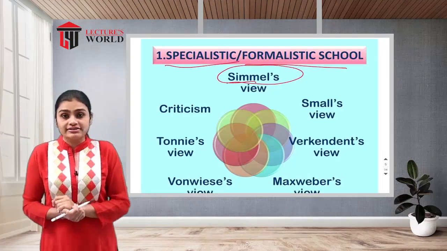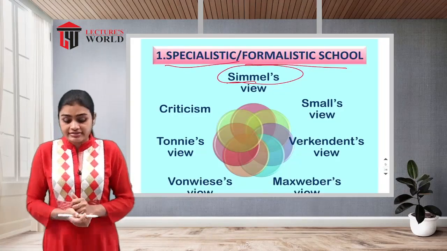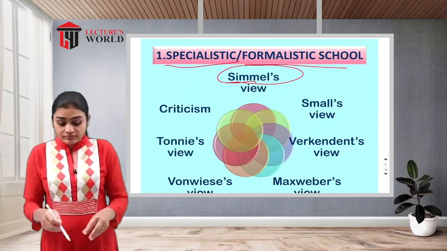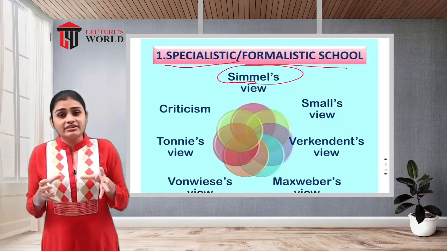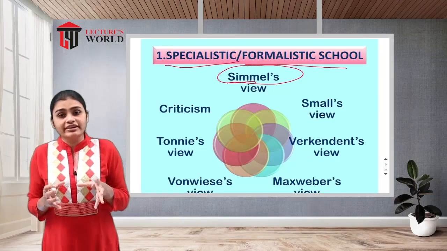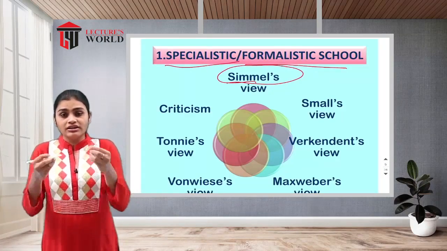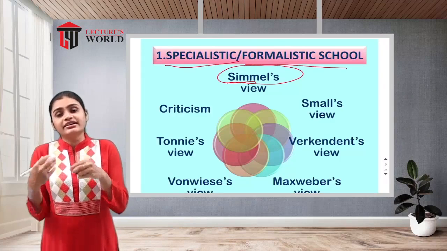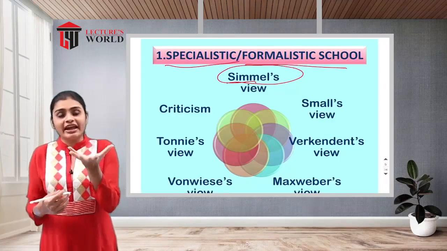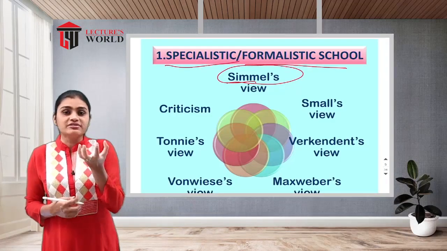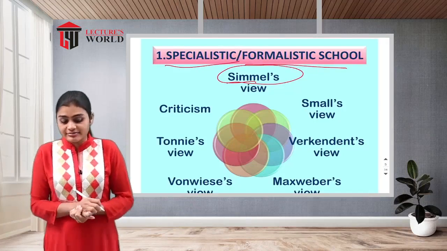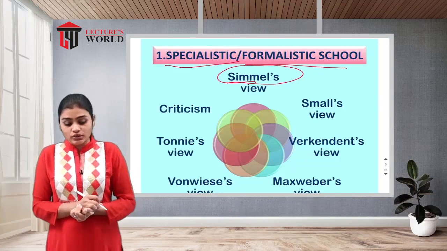All the sociologists had the same opinion about society, gathered at one place, started study, and identified some areas of society, or some scope for sociology. That is the specialistic or formalistic school.